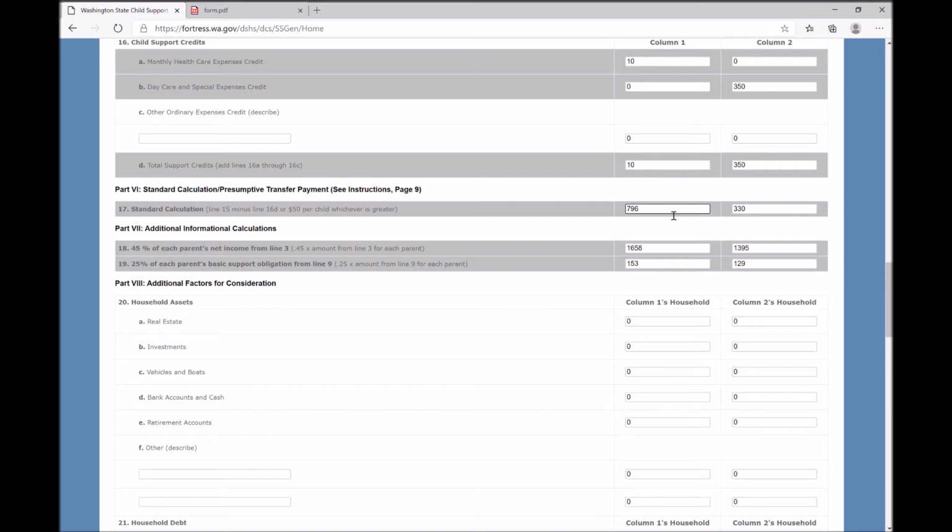Then it doesn't make sense for the father to write another $796 in a check and send it to the mother. There has to be some adjustment there because the father spent almost equally on the child as the mother.